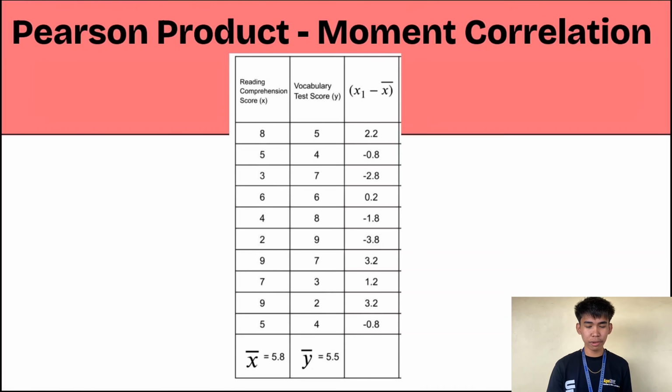Third, 3 minus 5.8 equals negative 2.8. 6 minus 5.8 equals 0.2. 4 minus 5.8 equals negative 1.8. 2 minus 5.8 equals negative 3.8. 9 minus 5.8 equals 3.2. 7 minus 5.8 equals 1.2. 9 minus 5.8 equals 3.2. 5 minus 5.8 equals negative 0.8.